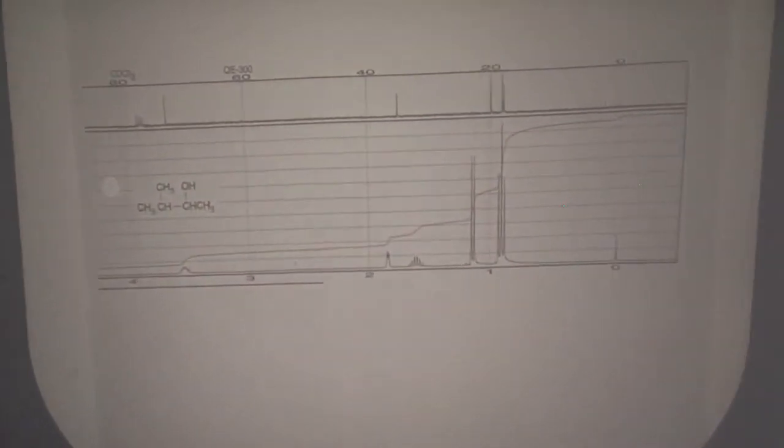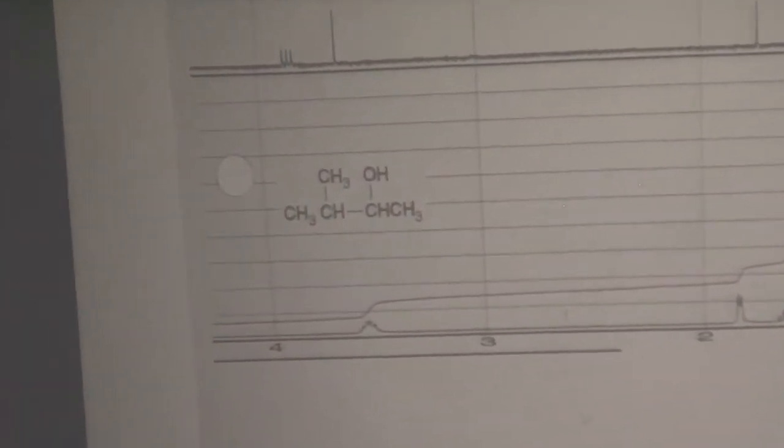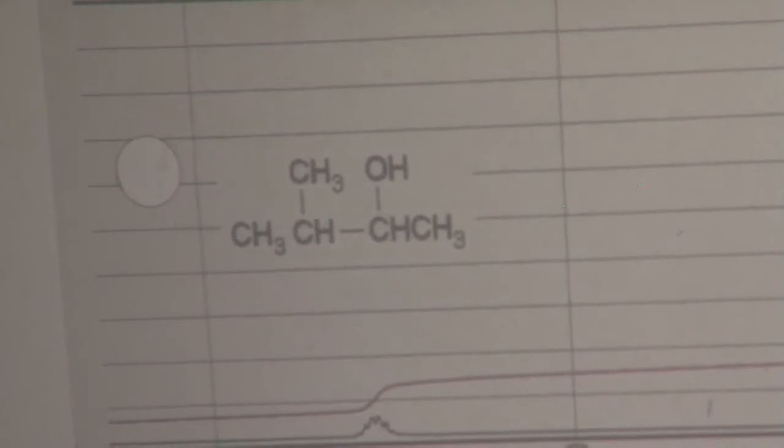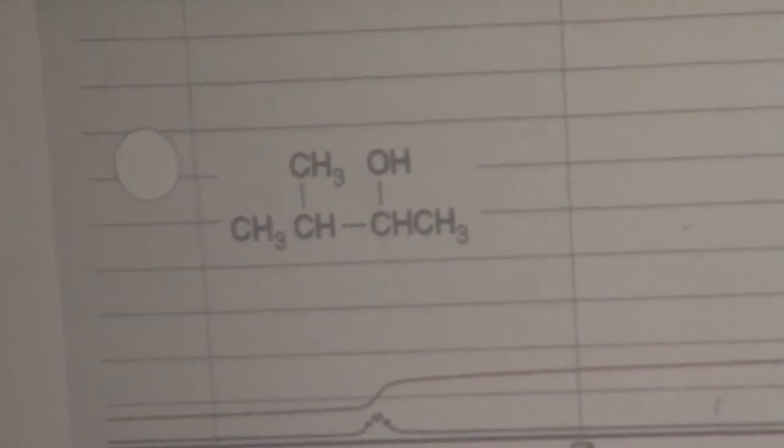So here we have the molecule 3-methyl-2-butanol. And what I want to point out to you is that in 3-methyl-2-butanol, the 2 methyls are not the same. They're diastereotopic.